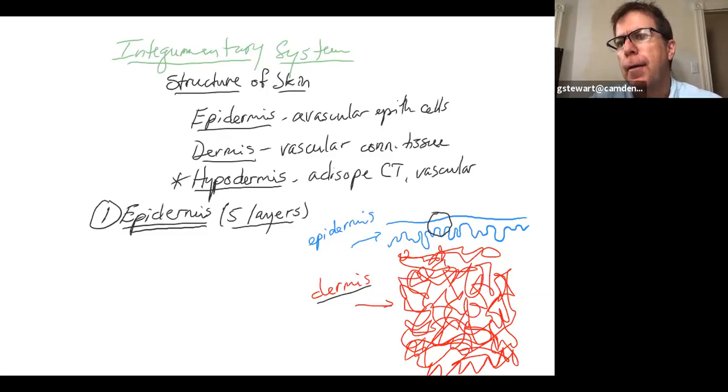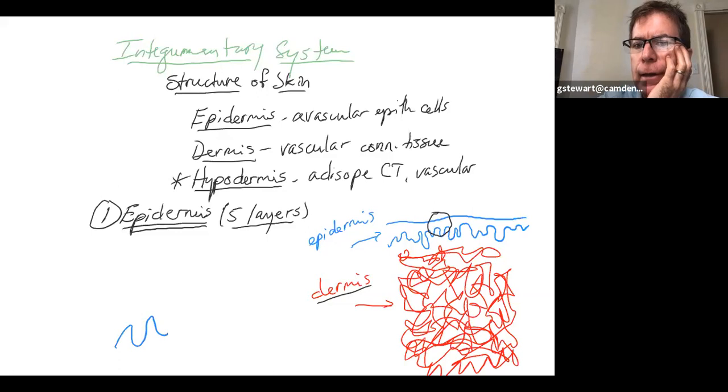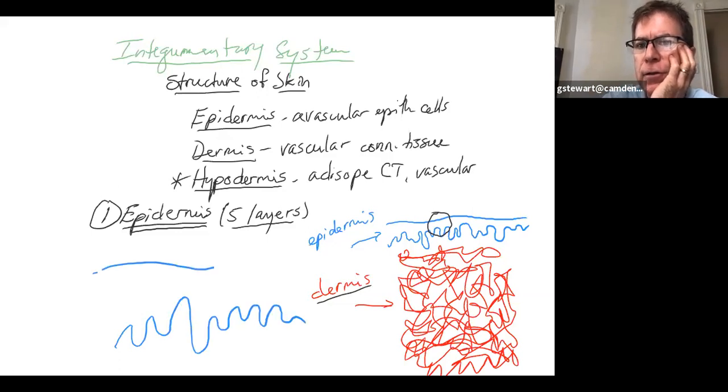So getting back to the 5 layers of the epidermis, when we number them, I'm going to number them 1, 2, 3, 4, 5, just like your textbook, just so you know, at this wavy line that I've drawn to your right, and there's the surface of the skin, we start with layer number 1 down here at the base of the epidermis.